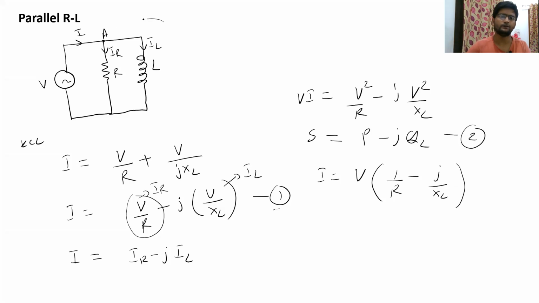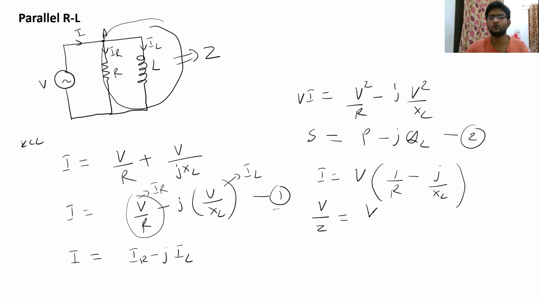If we say that this whole impedance is Z, we can write I as V upon Z is equal to V times (1 by R minus j upon XL). So we can cancel out V from both sides, and we will get 1 by Z is equal to 1 by R, sorry, this is j, minus j upon XL.